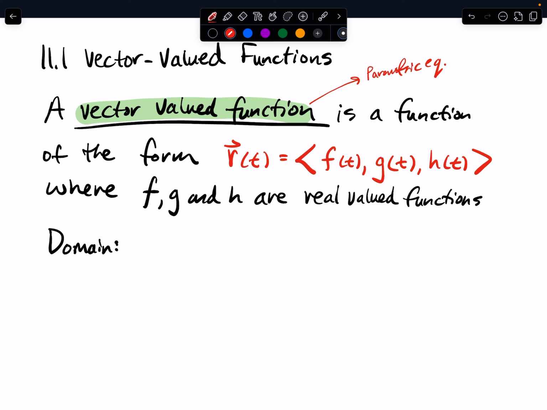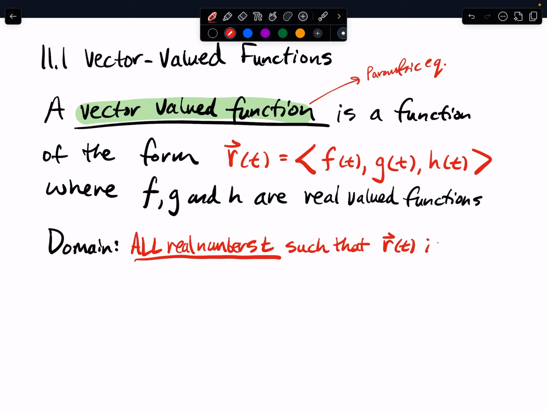These are all real numbers t such that r of t is defined. Okay? So whatever real numbers I can plug into t, where the output r of t is defined. Okay, that's the domain.